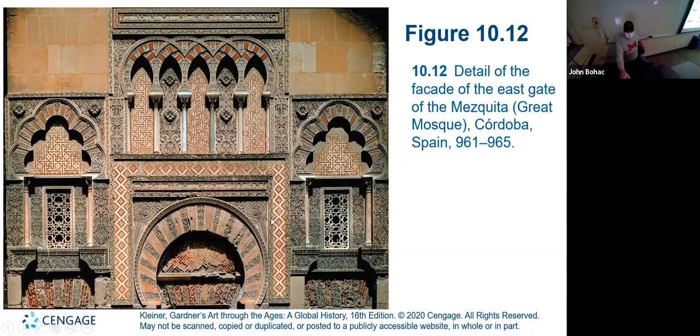And here's a detail of the facade. And again, just like I've been saying, and we're into this for almost 300 years here, decoration, pattern, exquisite decoration. One of the things they do with the archway is embellish it.